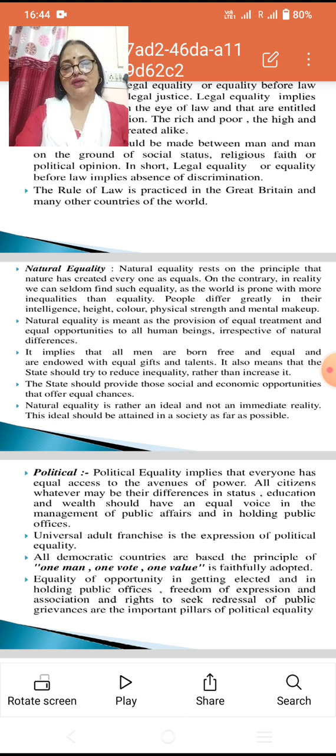Of course, by nature we are different in skills, in talents, in mental health, height, color. Physically we are different, but this is the duty of the government, the duty of the country. It must provide the same treatment to all, irrespective of their differences.